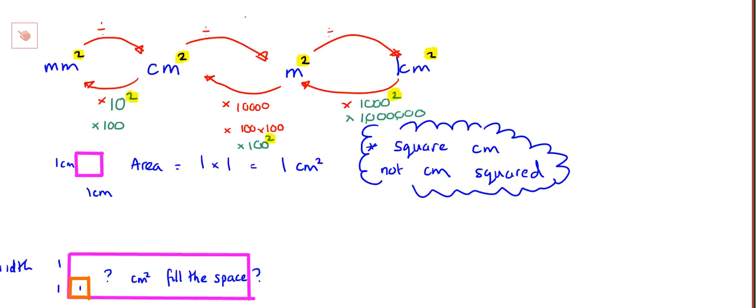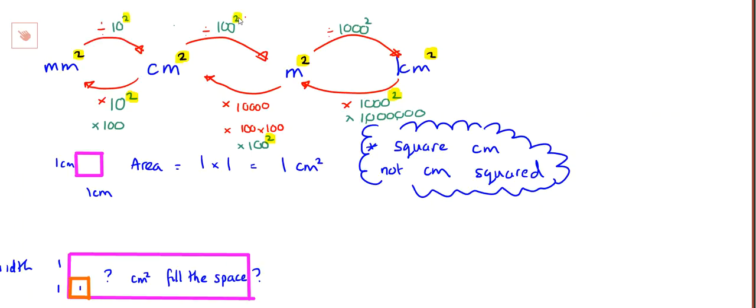Is the dividing the same? Dividing is the same. Good question. So divide by 10 squared, divided by 100 squared, divided by 1,000 squared. So is that the 2 that's important there?